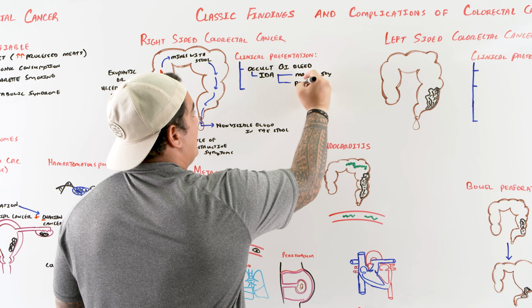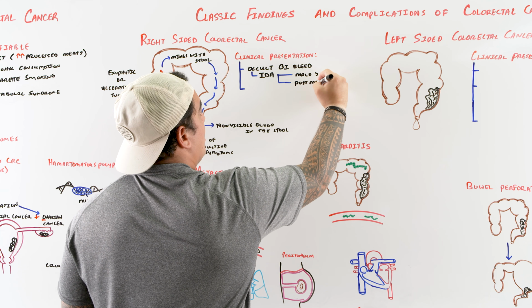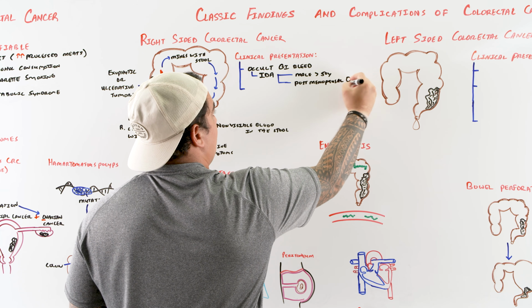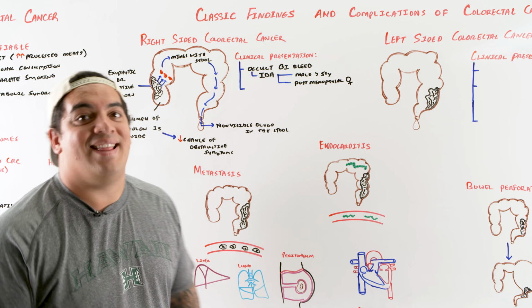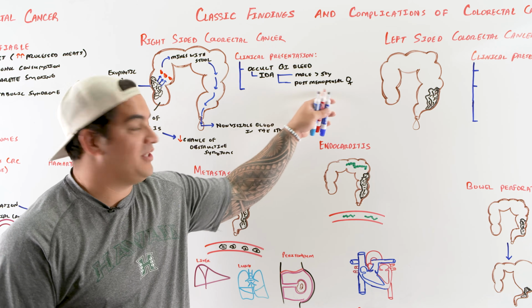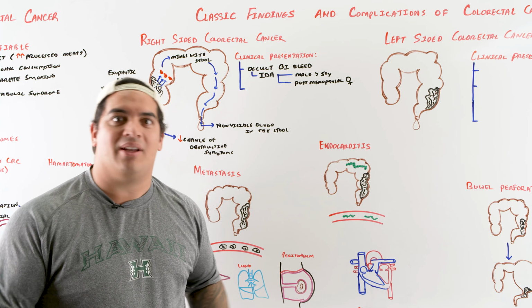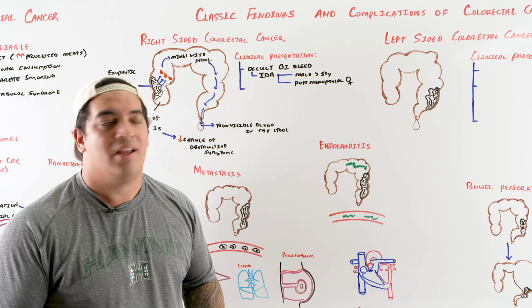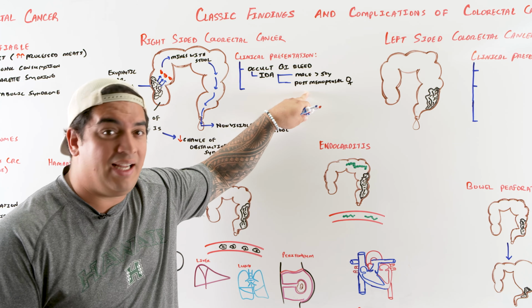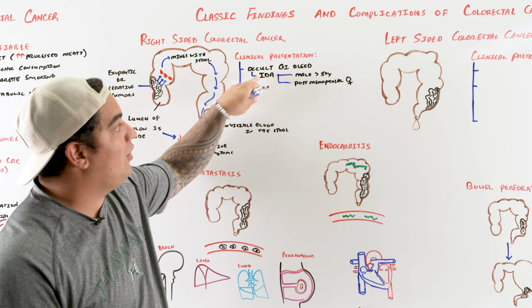Another one is a post-menopausal female. The reason I say that is because if it's premenopause, they can have abnormal uterine bleeding, so we can't completely say it isn't just heavy menstrual cycles. If they're postmenopausal and aren't bleeding anymore, then you want to start thinking, could this be due to an occult GI bleed?